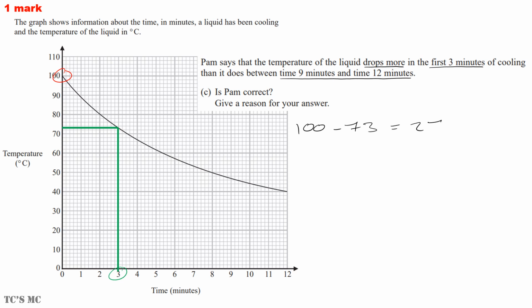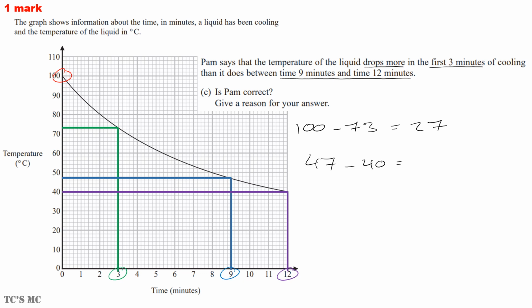That is 27. Moving on to 9 minutes, draw a line vertically and then across. That temperature is 47 degrees Celsius. And finally, go to 12 minutes, draw a line vertically, go across, and that temperature is 40 degrees Celsius.